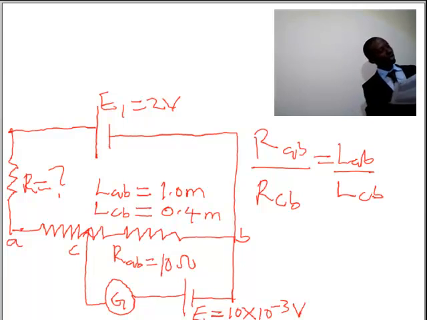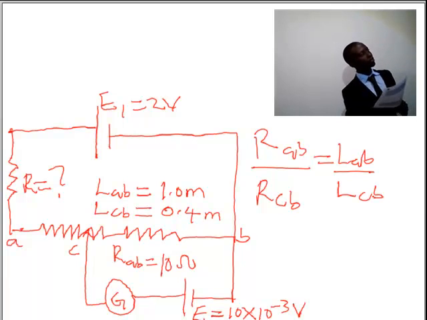Since RAB is equal to 10 ohms and RCB is unknown in this case, therefore we can make RCB the subject of the formula.